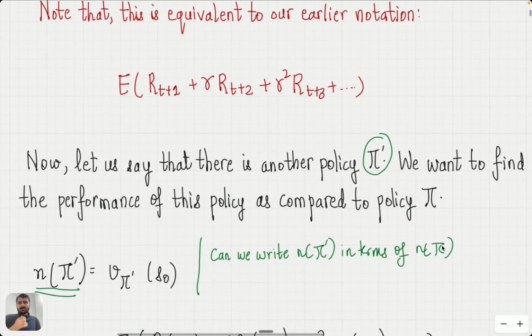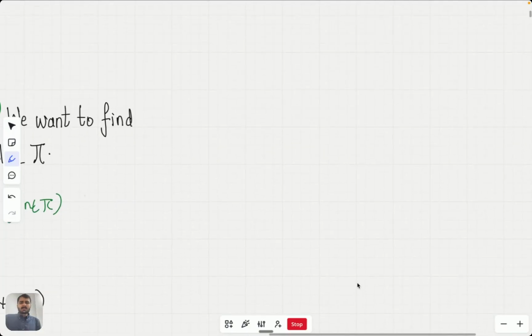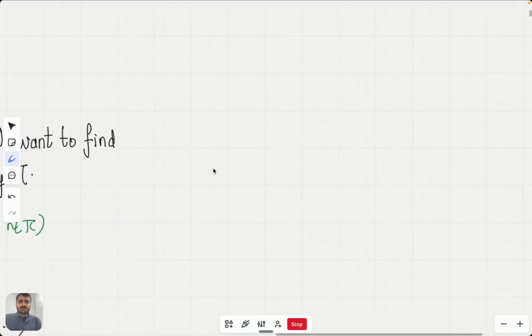With this question in mind, and with our earlier discussion of advantage functions, can you think of some kind of intuition for this difference, n of pi dash minus n of pi? Can we think of what this term will be proportional to? So let's try to understand this, then we will get into the formula as well.